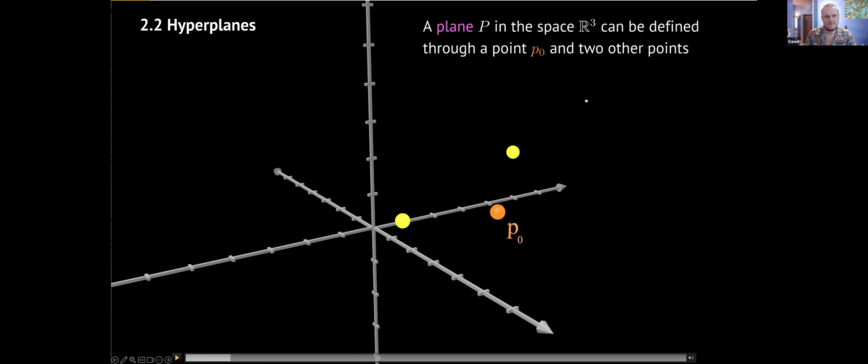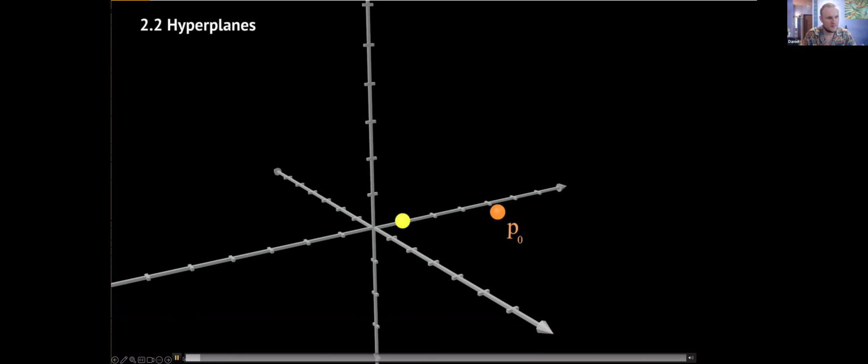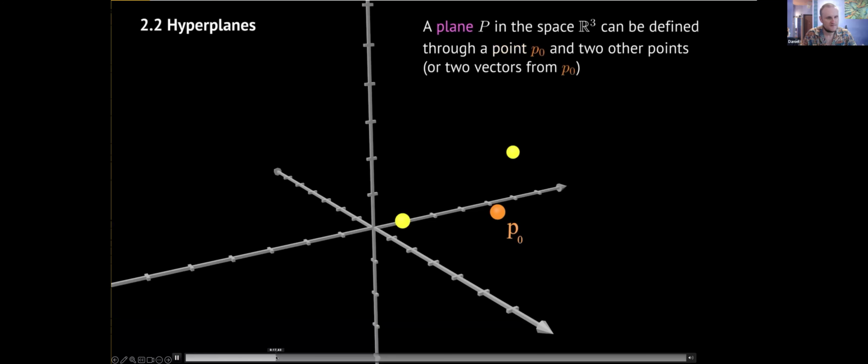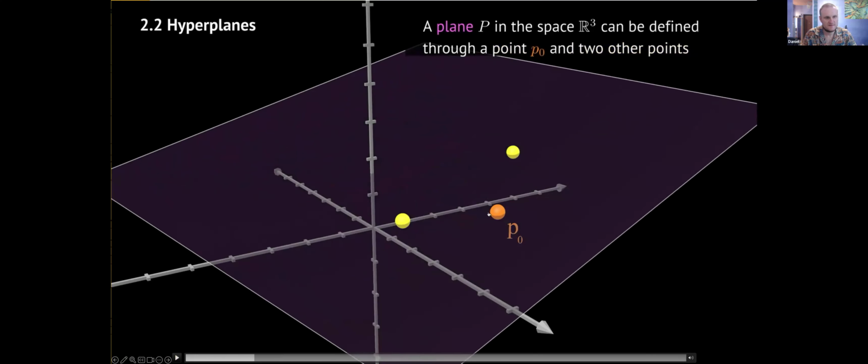Well, we can imagine that if we have an initial point, we can have two other points, right? And that is enough to define a plane, right? Because we can draw that in only one way imaginable, right? So necessarily a plane that passes through all these points will be some plane of interest. Okay? Agree on that? Yeah.